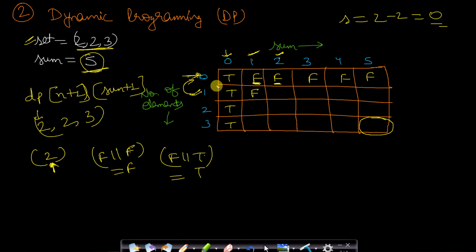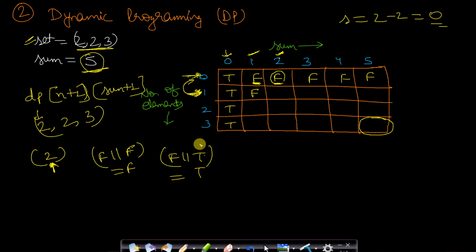Why are we doing this step? You should look at it very clearly. We were required to find this sum equals to 2, and we had only the first element, which is equal to 2. We had two options, either to include it or to exclude it. Let us say we have excluded it. Then, can we find this 2 by using 0 number of elements?